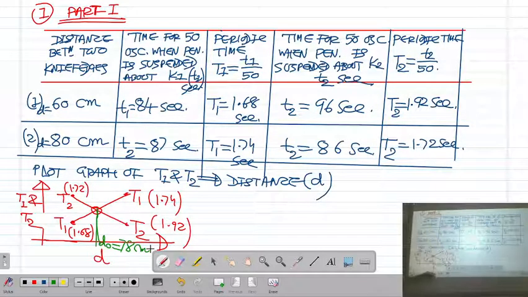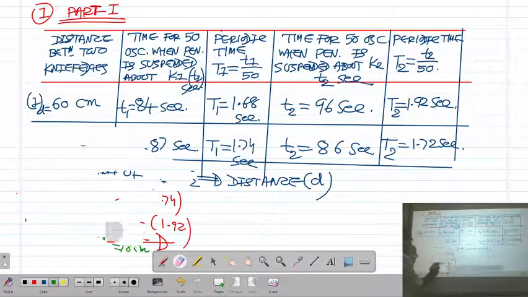In part 2, we keep the distance between two knife edges 78 centimeter. Okay. So this is the exercise for you. Plot the graph. Find out the distance between knife edges D0, which is 78 centimeter, from the point of intersection.